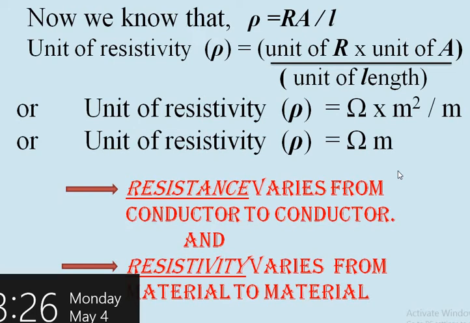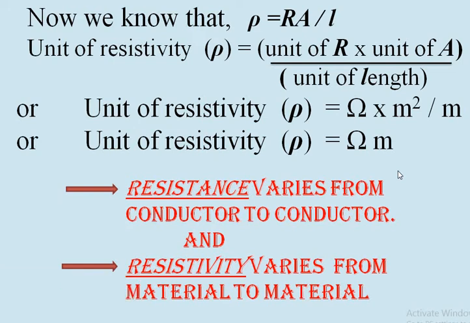Now here you have to note down one thing, that resistance varies from conductor to conductor. That means if you take different conductors even of the same material with different length and cross section area, they will have different resistance. But resistivity varies from material to material.